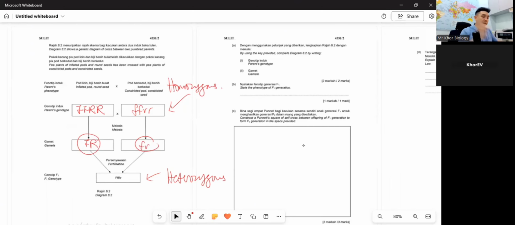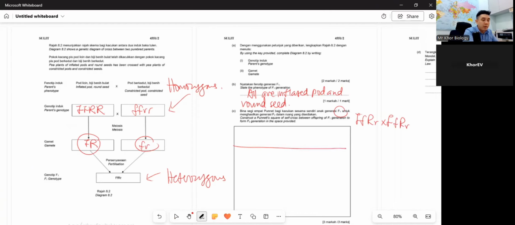Because there is one capital F and one capital R, all are inflated pod and round seed. And guys, we have a Punnett square here. Now, the Punnett square for when F1 crosses with F1, meaning Ff Rr crosses with Ff Rr, we get such a Punnett square.